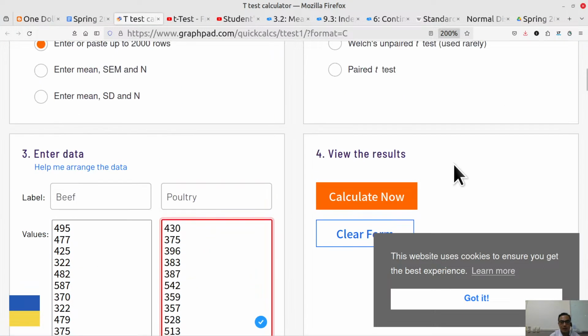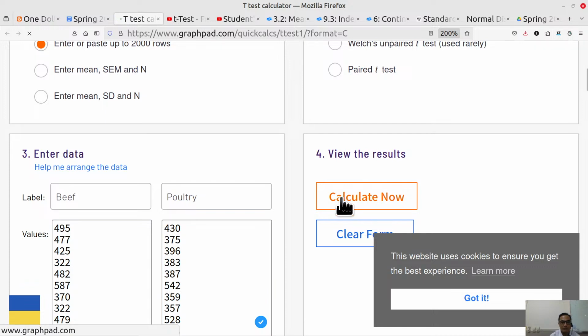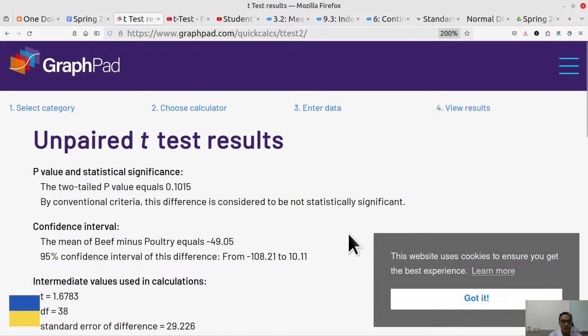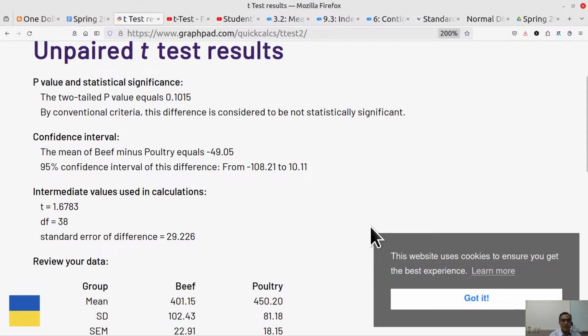After I finish this part, I can click Calculate now. Okay, then we can have some information here. The two-tailed p-value equals 0.1015, which does not reach the 0.05.